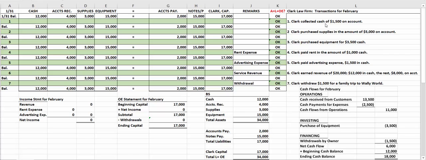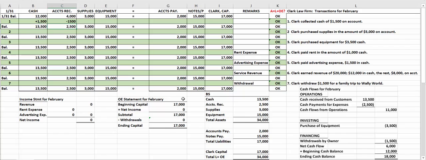Clark collected cash of $1,500 on account. So we're going to say the cash went up by $1,500. And the other thing that happened is accounts receivable went down by $1,500 because we are just collecting some of those accounts receivable. When I enter that transaction, of course, that's going to change the cash balance.